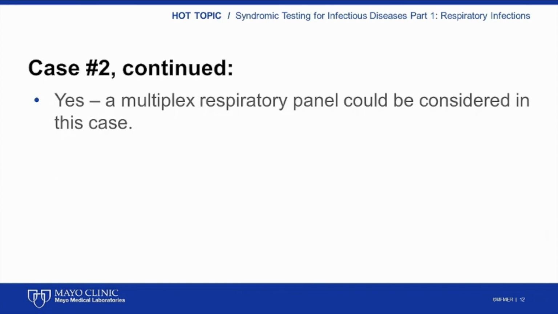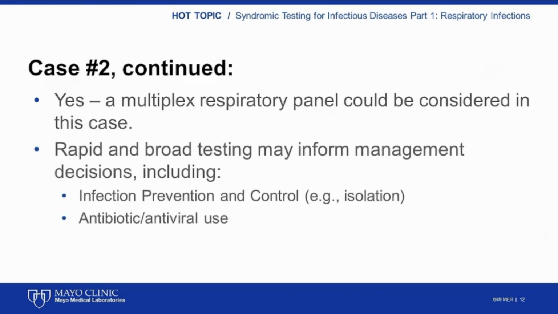I think in this instance, a respiratory multiplex panel could definitely be considered as a first-line test. Due to the patient's immunosuppressed status and development of respiratory distress, a diagnostic approach that's both rapid and broad in coverage would be warranted and may inform management decisions, including infection prevention and control measures, and whether the patient should be treated with certain antimicrobials.